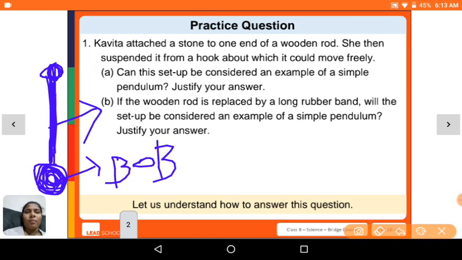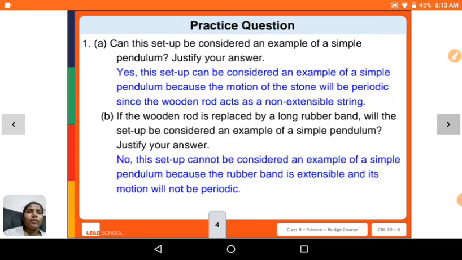So if we replace it with the rubber band, it will not be considered an example of a simple pendulum. Right. Now write all these questions and answers in your notebook. Last two questions, and here there are three questions. So total five questions in your notebook, and send it to me as homework.